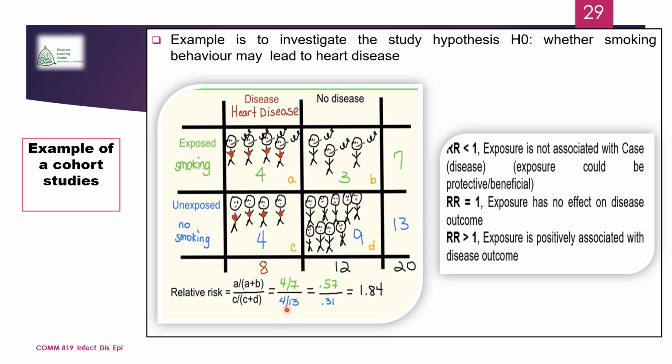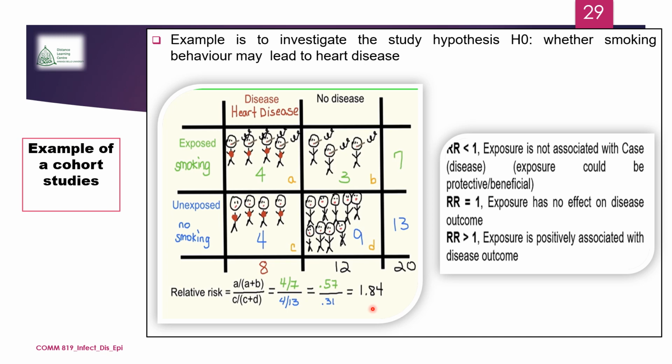So when you do simple cross multiplication, you get 0.57 over 0.31, and your relative risk is 1.84. Instead of saying 1.84, you may just multiply by 100 to give you 18.4%.